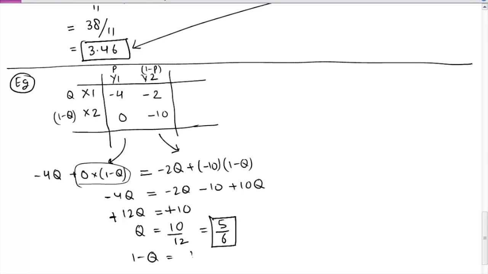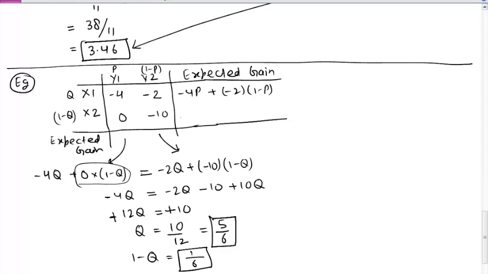Now if you do the calculation here, this we did for the expected gain and expected gain. So if we equate the two, you get negative 4p, negative 2, and this becomes plus 2p. 0 times p becomes 0, so you are left with negative 10 plus 10p.